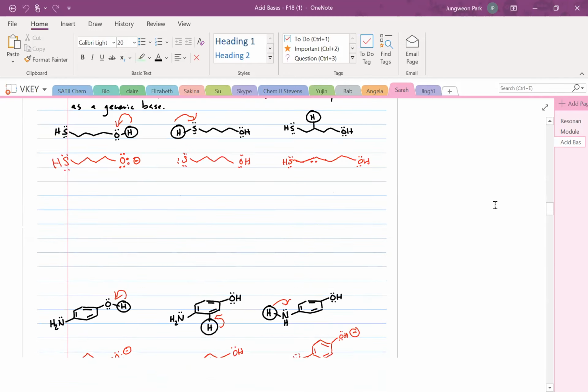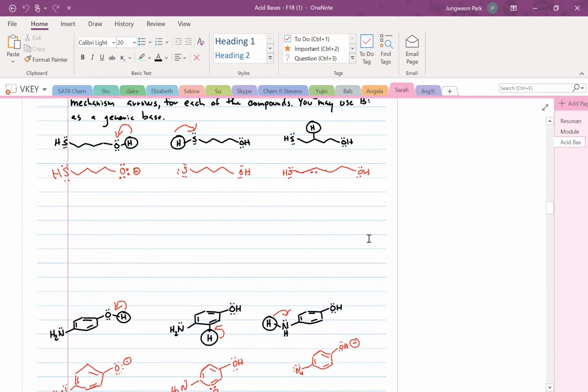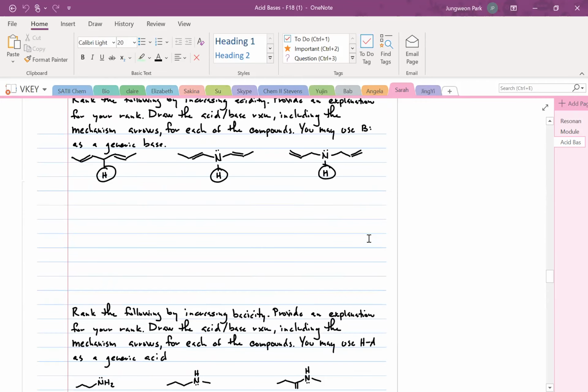I think the first example for acidity is on page, let me count, 1, 2, 3, 4, 5, 6, on the seventh page? Page 7.